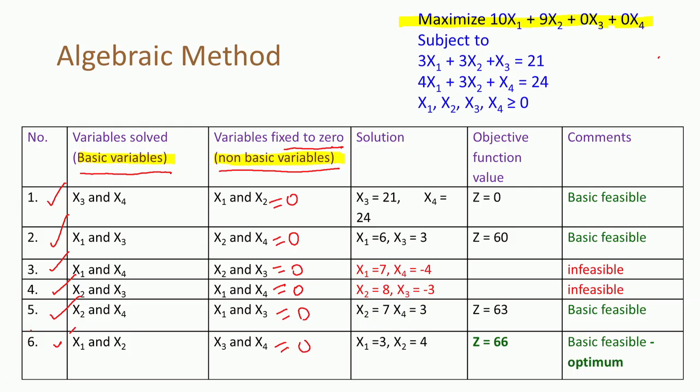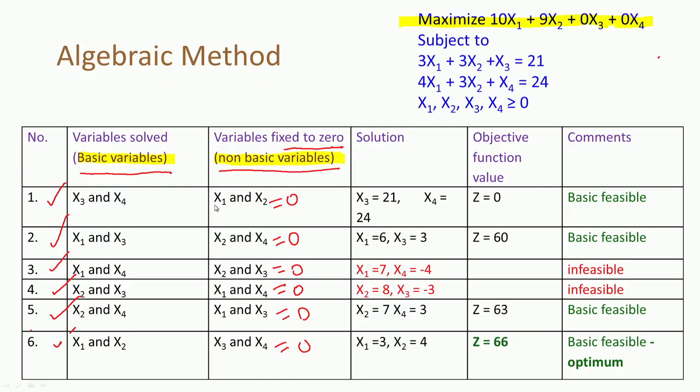Coming back to the first one, we said we fixed x1 x2 to 0, therefore, we got the solution x3 equal to 21, x4 equal to 24, which is written here. We now evaluate the objective function value for this, because this solution is basic feasible. So, let me explain what a basic feasible solution is.